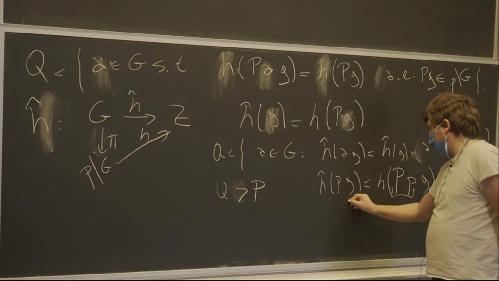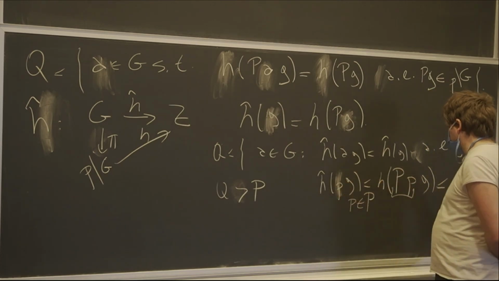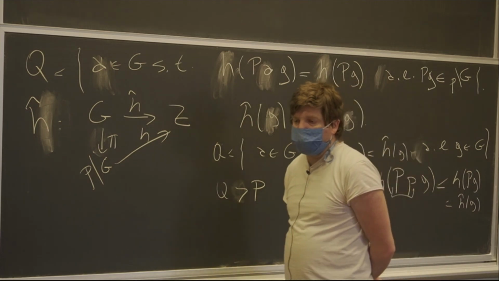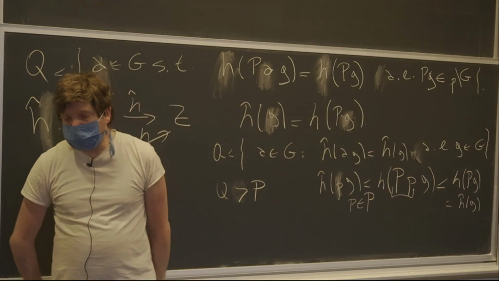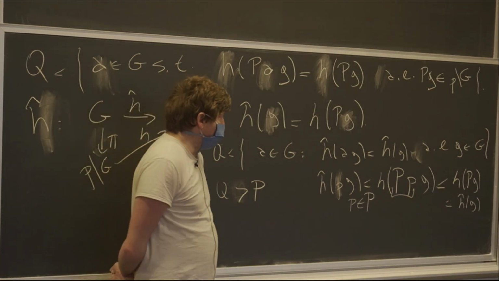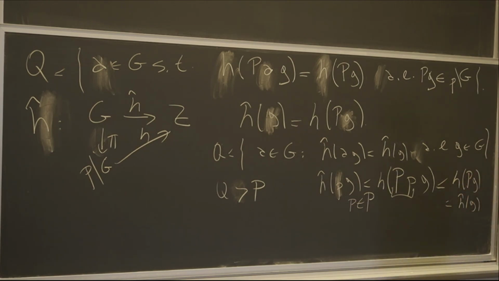Okay, this is whenever little p belongs to P. So this shows that Q contains P. That Q is a group is essentially as well. In all these situations, you have to play with this almost everywhere, but this is just the fact that the intersection of full measure sets is a full measure set, and that translation preserves the measure, even the measure class in G, because it's Haar measure. Okay, so Q is a group as well.